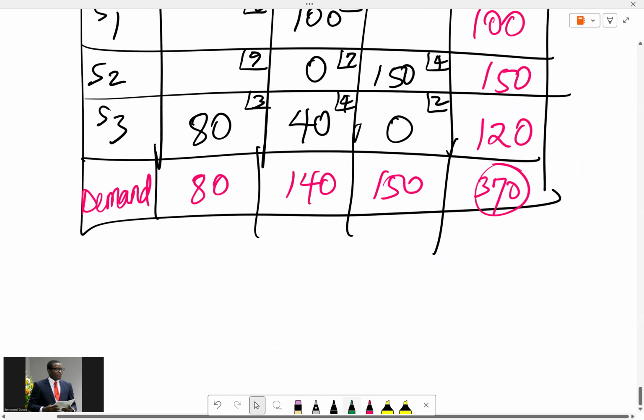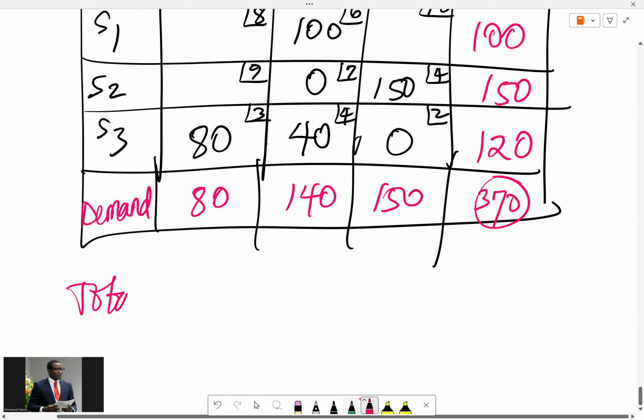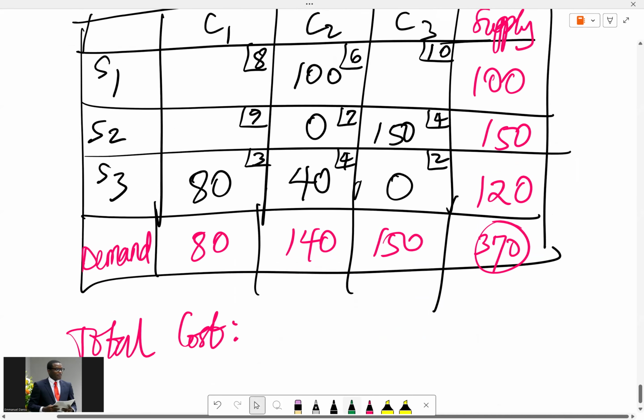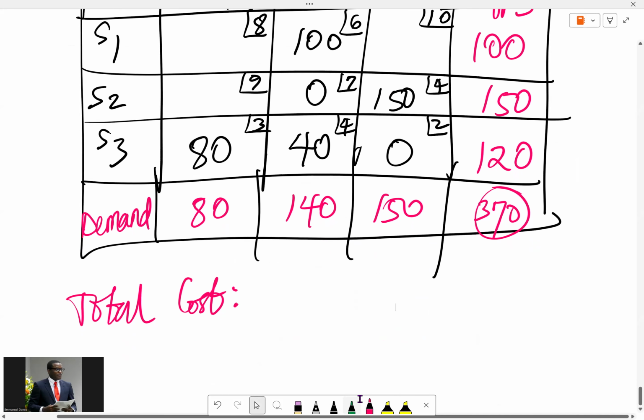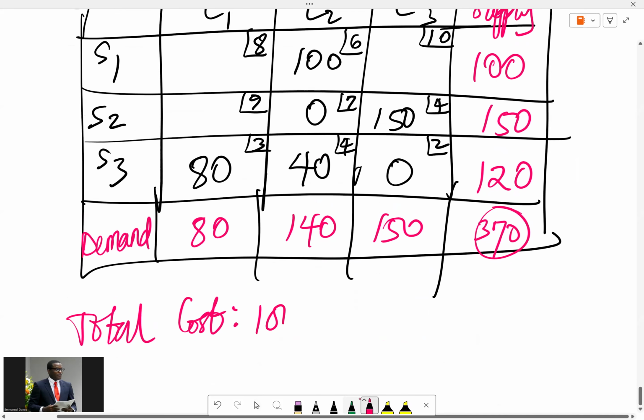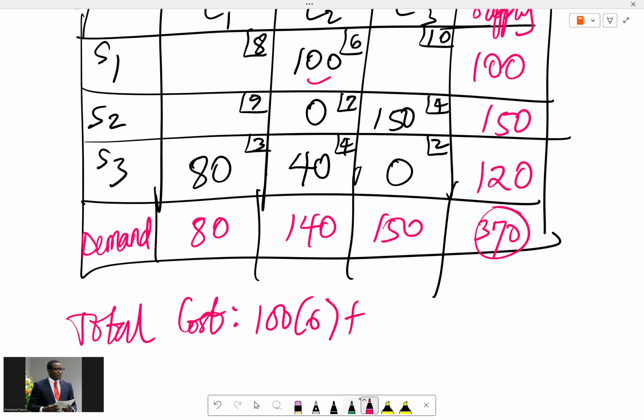I won't bother writing out anything here now because this is taking more time than I can imagine. So just multiply out. The total cost now is 100 times 6, then 150 times 4, then 80 times 3 plus 40 times 4.